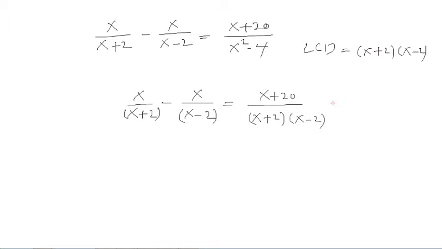So step 2, you multiply both sides by the least common denominator.